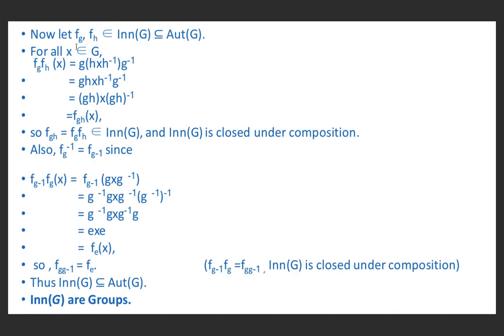Now let Fg and Fh belong to the inner automorphisms of G, which we know is a subset of the automorphisms of G. For all x belonging to G, consider Fg Fh of x. We know that Fh of x is equal to h x h inverse, by the definition of inner automorphism.